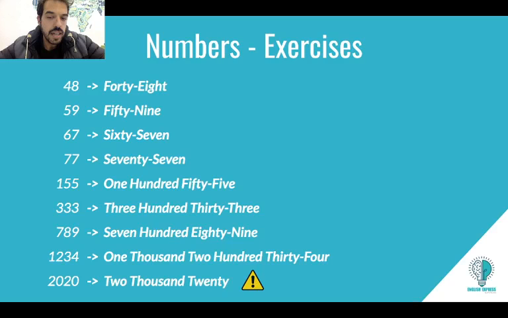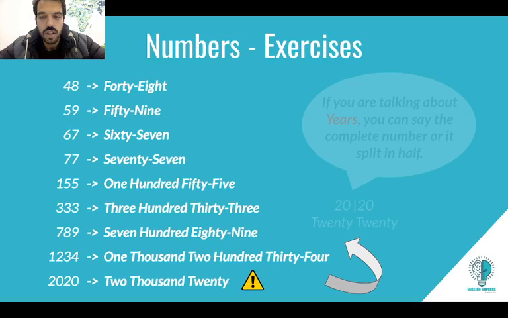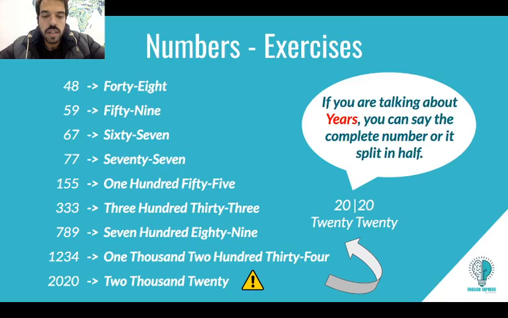And there is an important information about years in English, okay? This is just a curiosity for the class. So if you want to say 2020 as a year, you can use it in two formats.